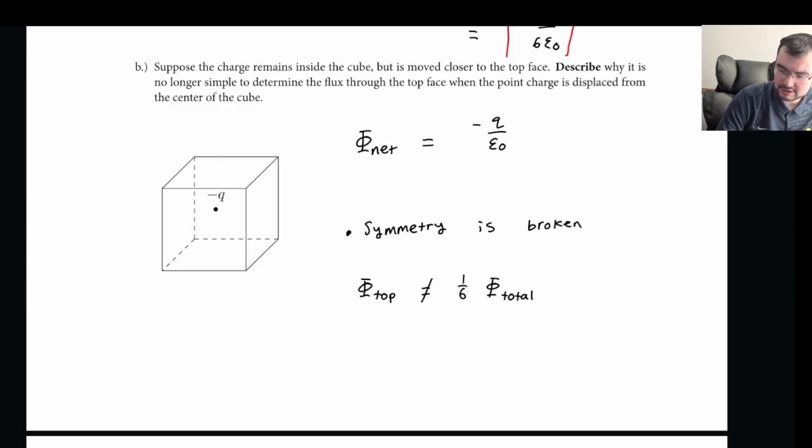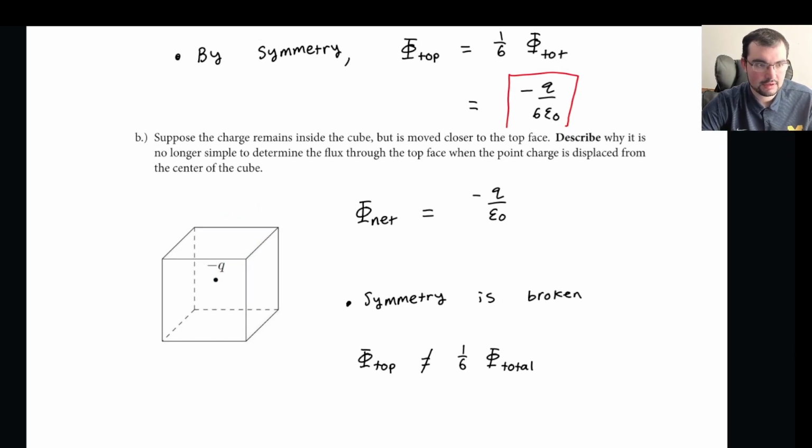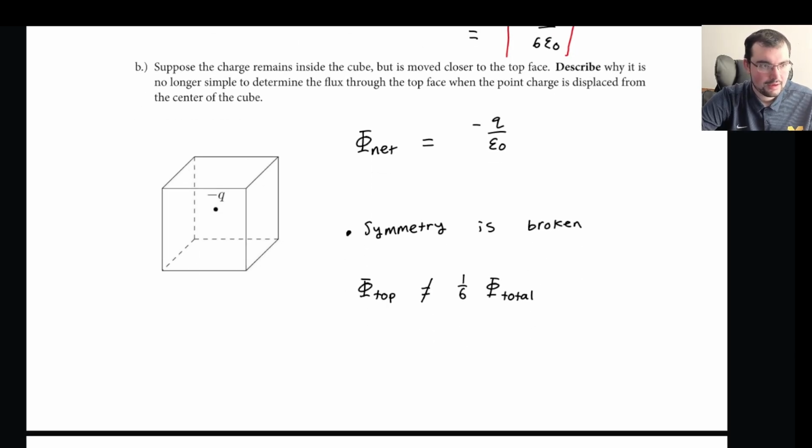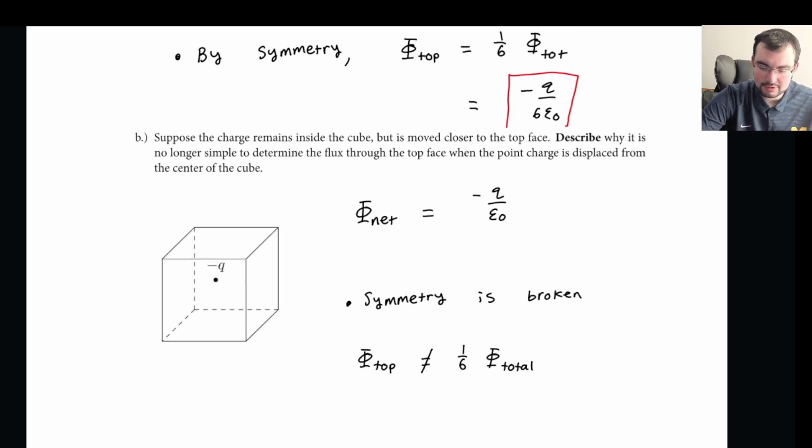Because if I'm closer to this face, I can't say for sure that this is going to take up exactly 1/6 of the flux. It could, because of course there's still that inverse square versus square relationship. Like it could be, but we don't necessarily know what's going to happen before actually working out the fields.